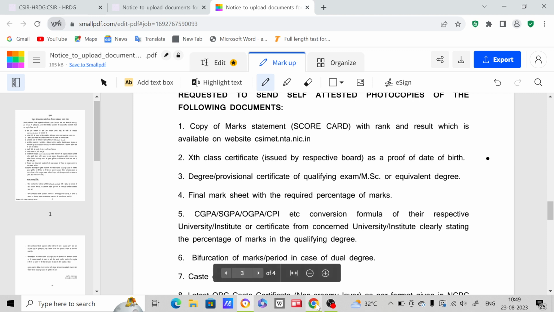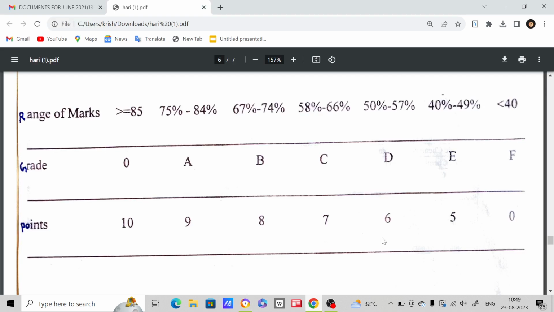Actually, so many universities or institutes generally provide their percentage conversion formula like this on the back side of your mark sheet. Okay, so if you clearly observe the back side of your mark sheet, definitely you must have this type of conversion formula.